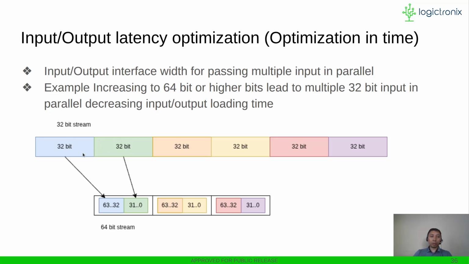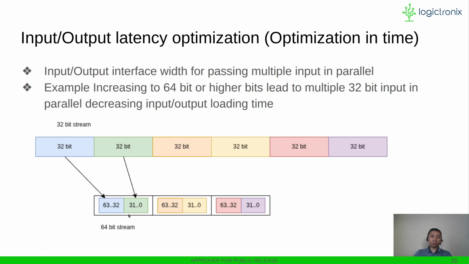And when we go for a 64-bit interface, we can do two 32-bit data simultaneously, so in a single stream read operation we are able to read two data at the same time. Due to this, our input will be loaded faster compared to the small size stream.